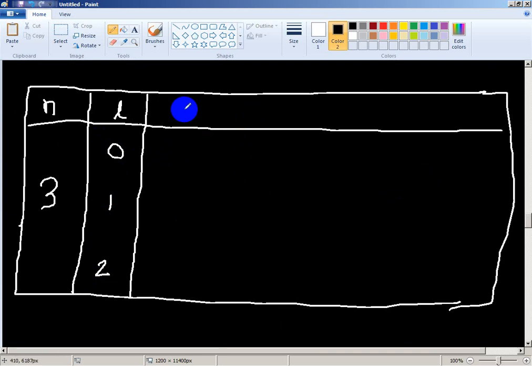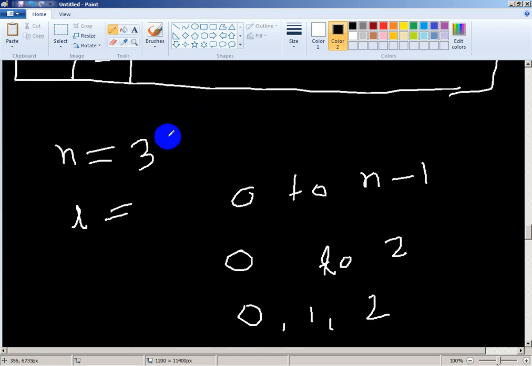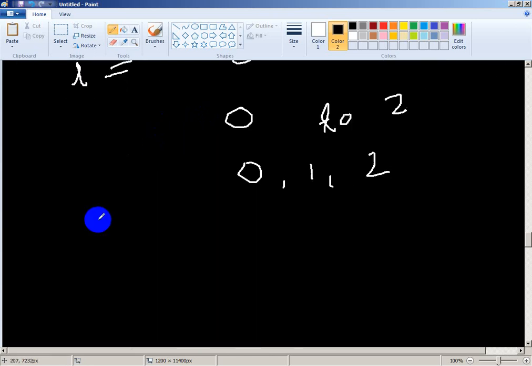Now the M value. Small m is the magnetic quantum number. For each L, what is M?